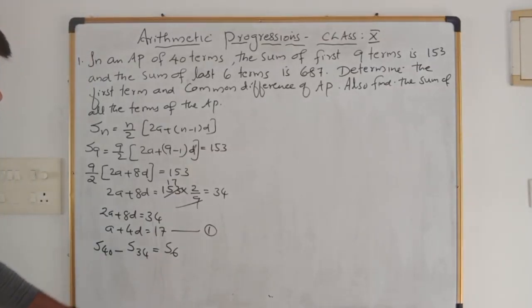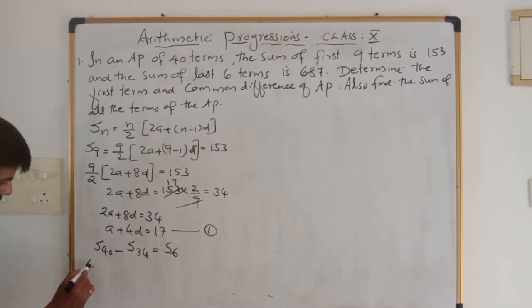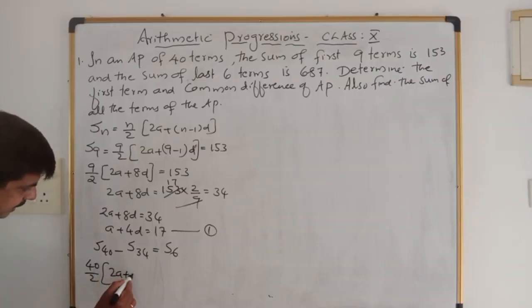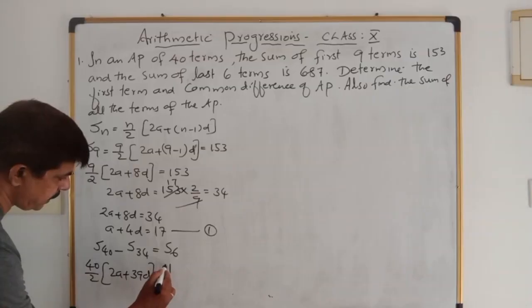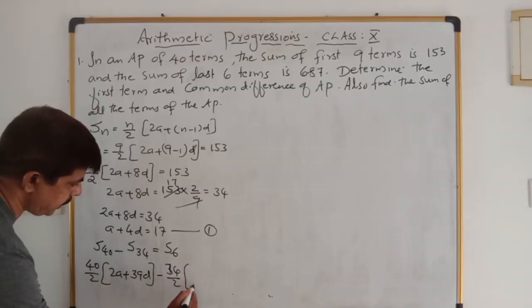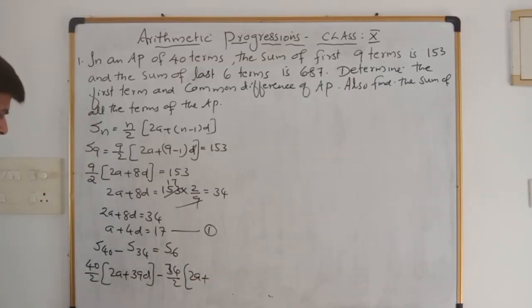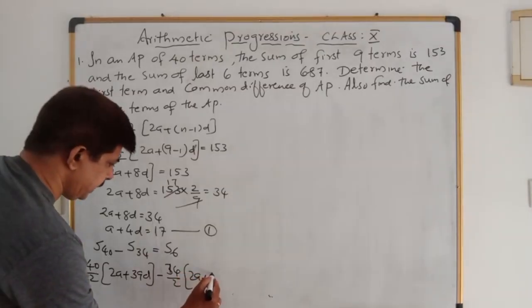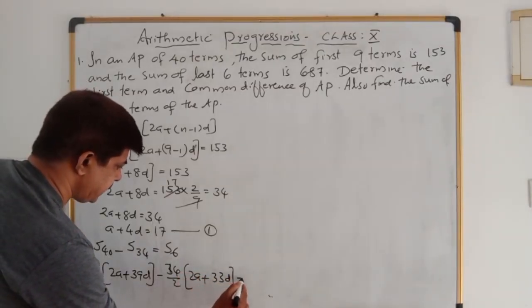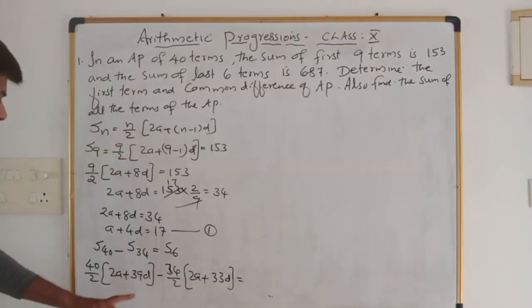We know that S40 means 40 by 2 into (2a plus (40 minus 1)d, that is 39d), minus S34, which is 34 by 2 into (2a plus 33d), is equal to S6.